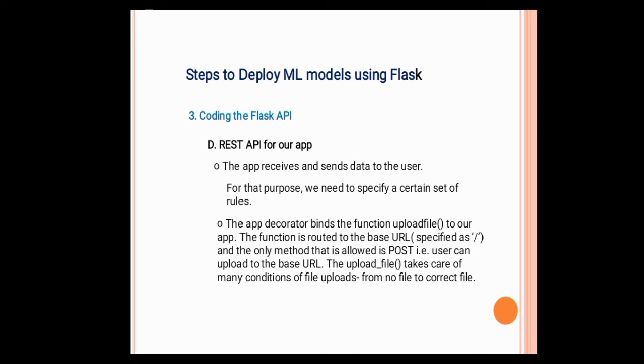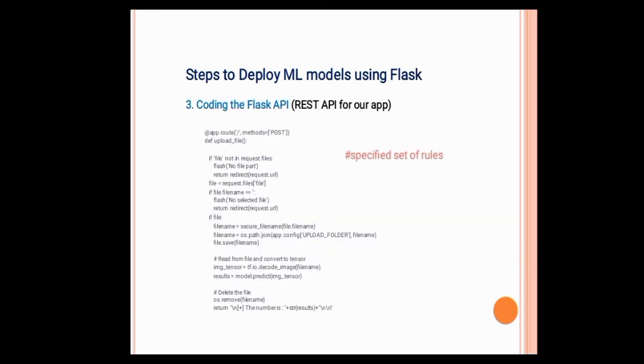The function is routed to the base URL specified as /, and the only method that is allowed is POST. Users can upload to the base URL. The upload_file function takes care of many conditions of the file upload, from no file to correct file. This code is the REST API for the app, or the specified set of rules, and this part of the app is run again and again for every client request, unlike other parts of the code.